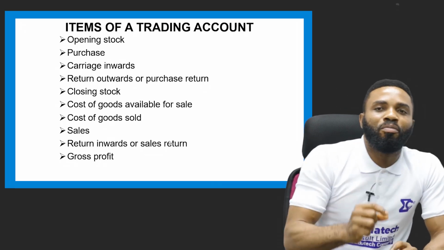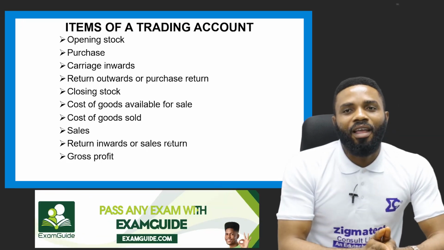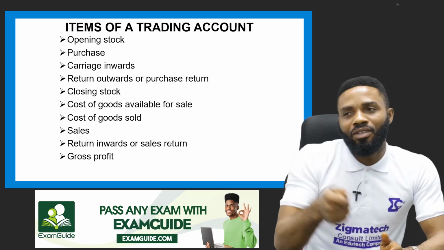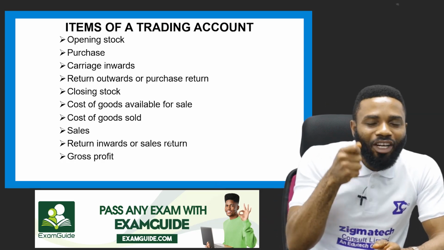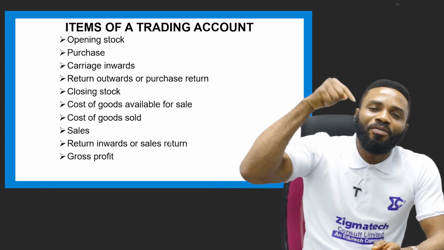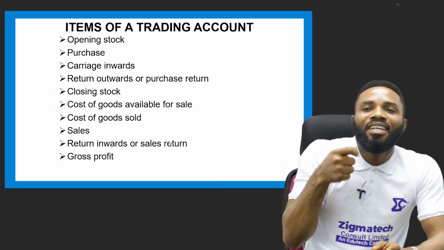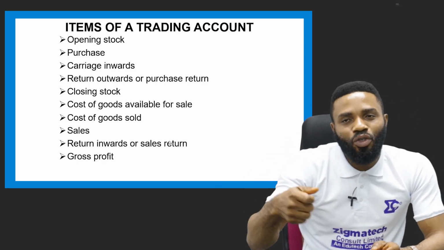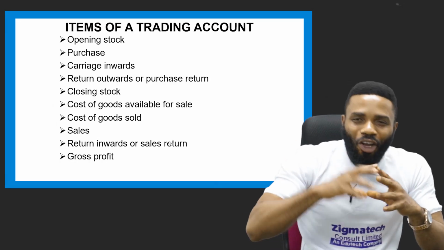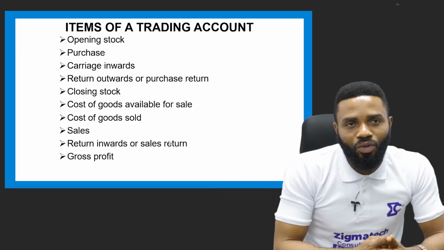So assuming you bought one carton of Indomie at 10,000 naira, and then you want to sell it, let me assume you want to sell it at 15,000. That 1 carton of Indomie that is sold out at the rate of 15,000, the 10,000 you bought the Indomie is the cost, while the selling price is the 15. So we usually look at cost price, cost of goods sold, in the light of the real cost of the item.